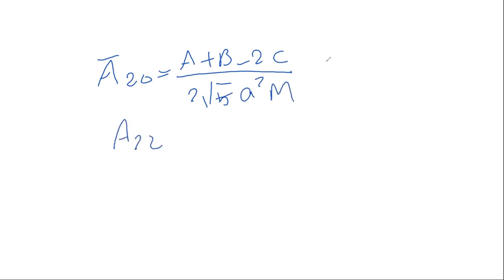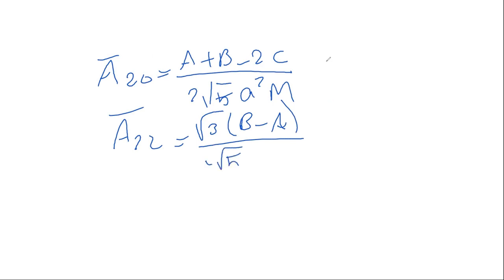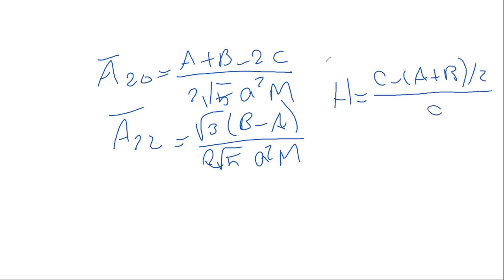Then A22 bar will be B minus A over 2 square root of 5 M A squared. And the dynamic flattening, the dynamic ellipticity, H, is C minus A plus B divided by 2, divided by C.